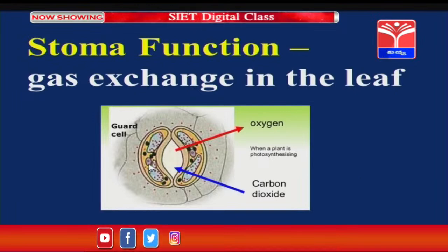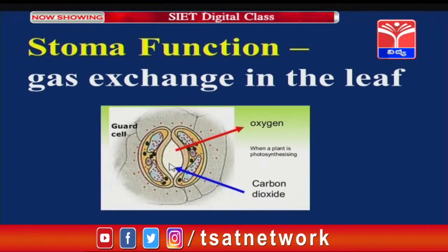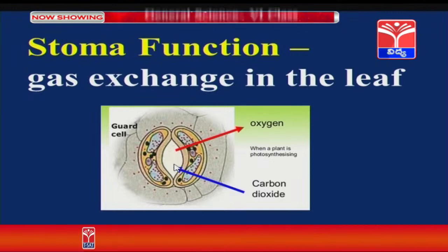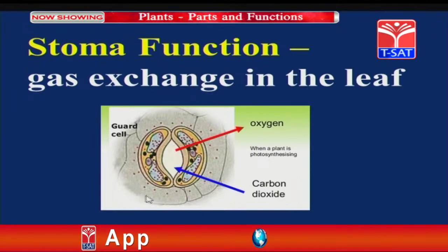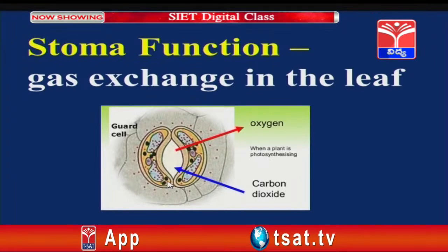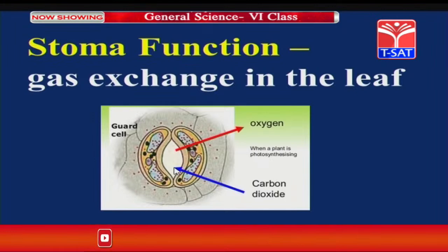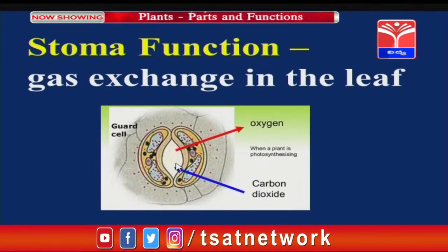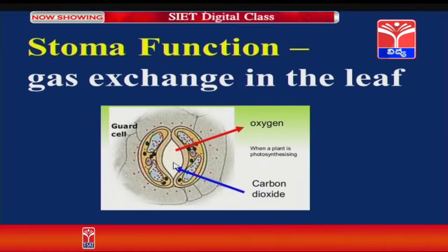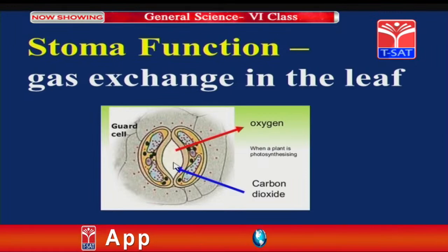Those kidney-shaped cells are called guard cells and a small opening is present here. This opening is called the stoma, and surrounding the kidney-shaped cells, some other cells are present. They are called subsidiary cells. This stoma, whenever it requires air, opens very big and whenever it does not require, it closes down. So, during this opening and closing only the exchange of gases will be taking place.